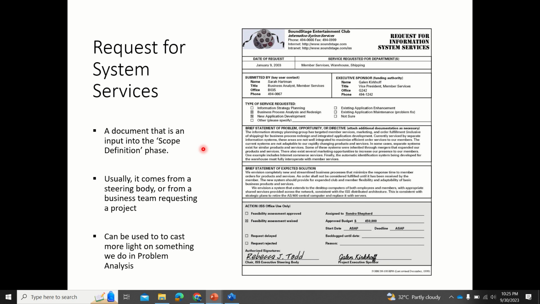So what all services we require in order to execute this particular plan. It will throw a lot of light on what we are actually going to do in problem analysis. The problem analysis phase requires a step called request for information system services. This will give you a complete understanding of what you have to do in the problem analysis.